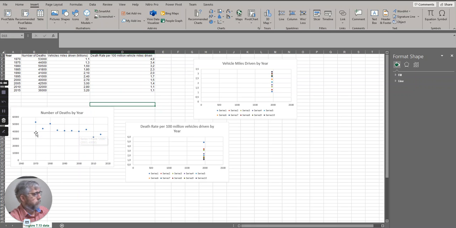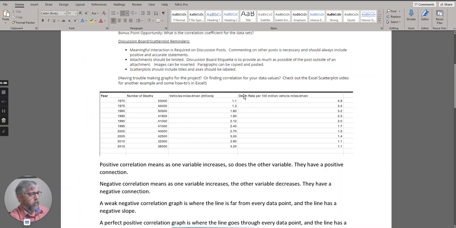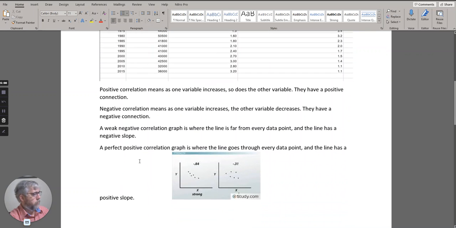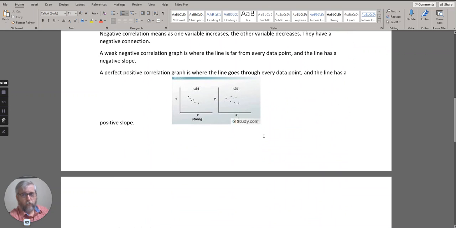So the answer would most likely be a positive correlation. I hope that helps and answers the questions that you need. If not, reach back out to me and we'll go from there.